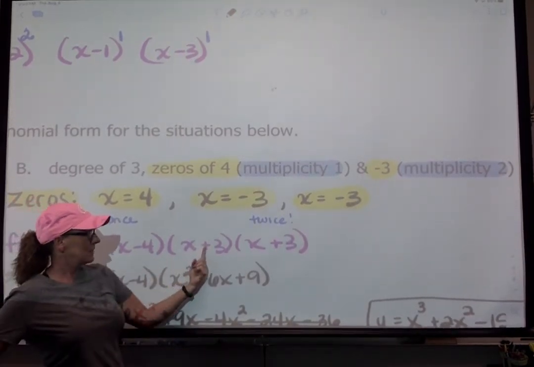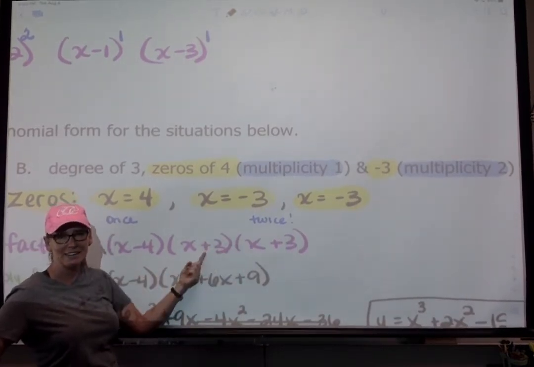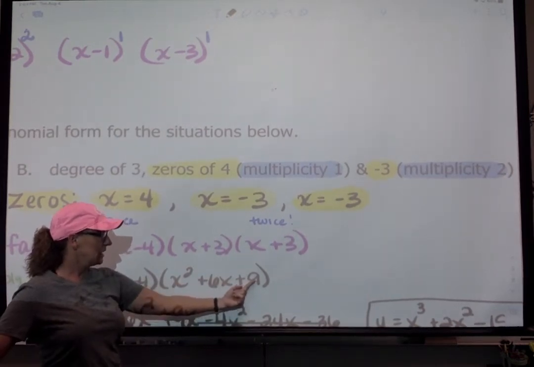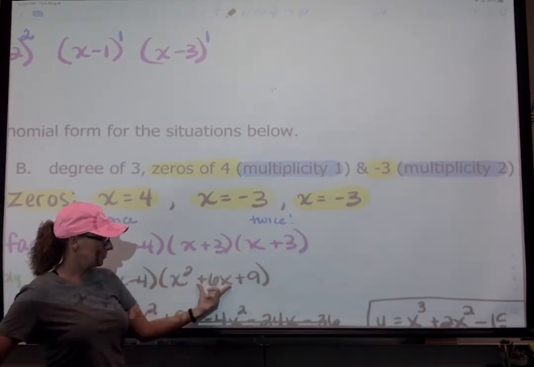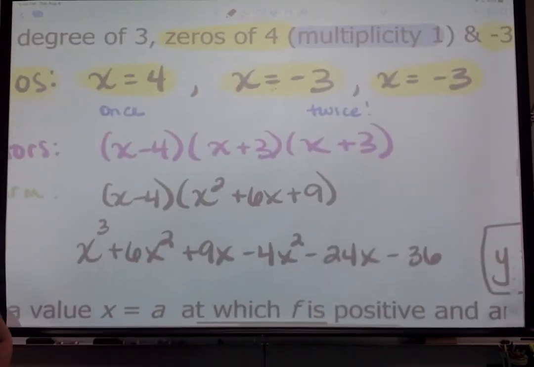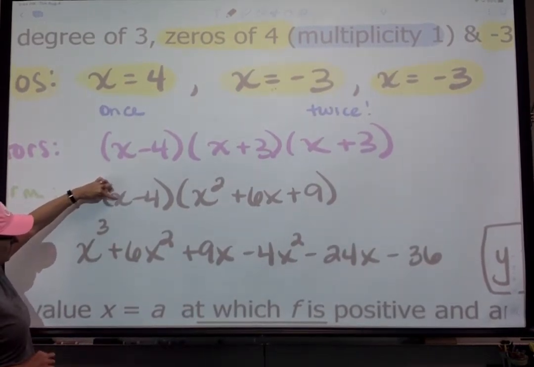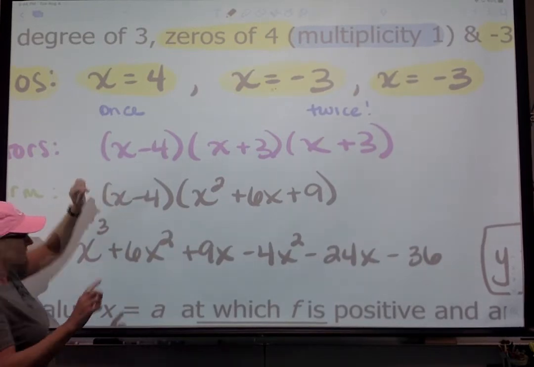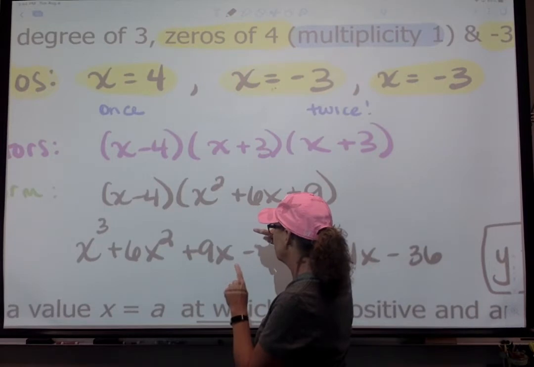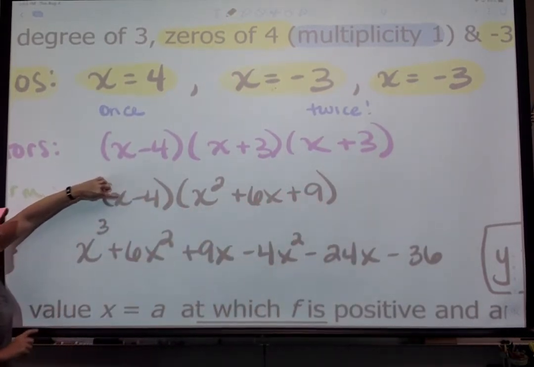So here's what you're going to have to do, and it was a little time consuming. I went ahead and multiplied these two out just because they're the same and they're kind of easy to FOIL in my head. So I FOILed in my head, first, outer, inner, last. And I took the result from these two and multiplied it by this one. Sorry.